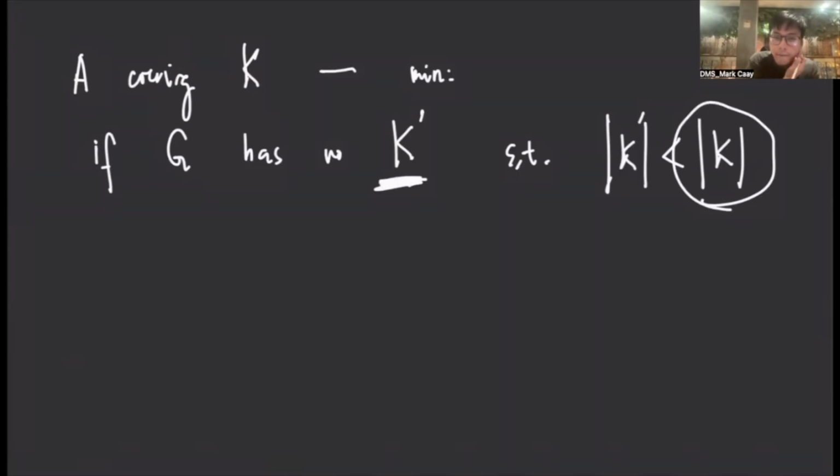Okay. And the cardinality of such minimum vertex covering K is what they call vertex cover number. This is actually one of the most studied areas in graph theory.